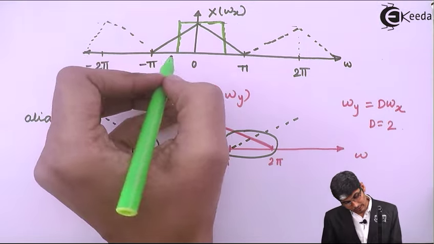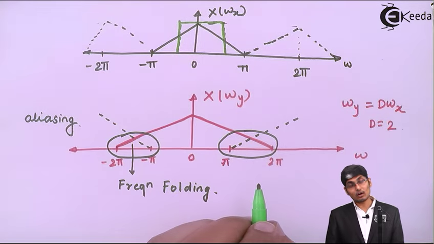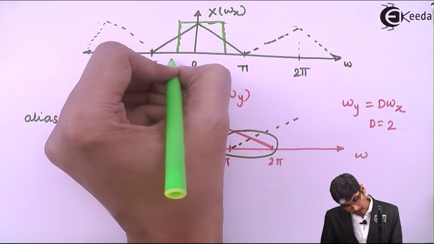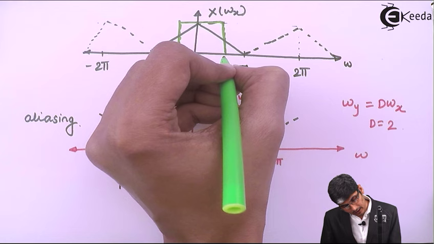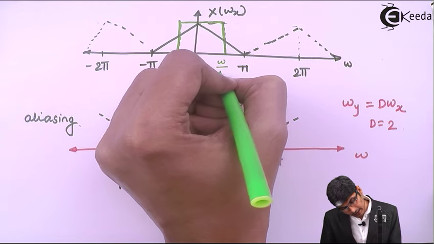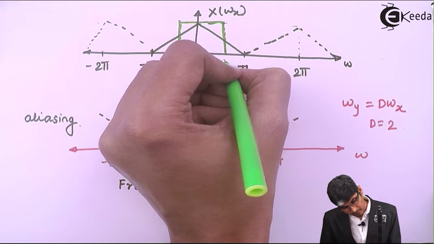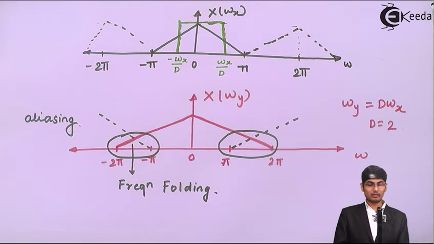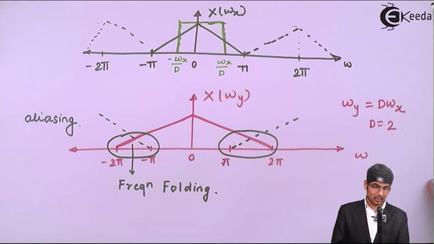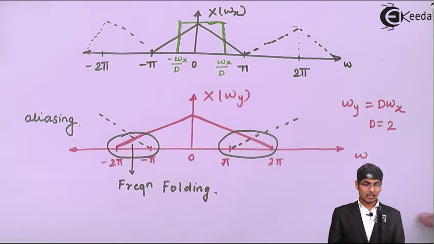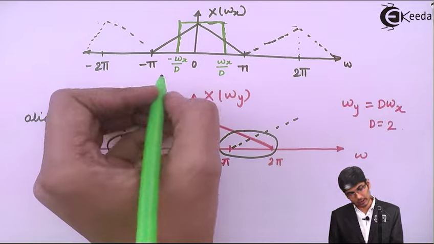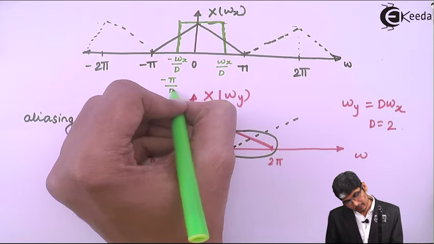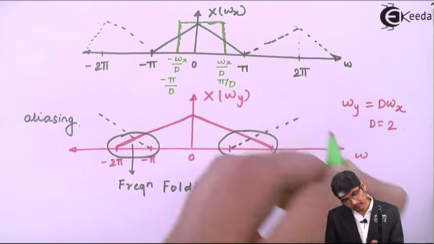It will restrict the signal from minus omega x by D to plus omega x by D, or you can say minus pi by D to plus pi by D, because here it is in terms of pi anyway.